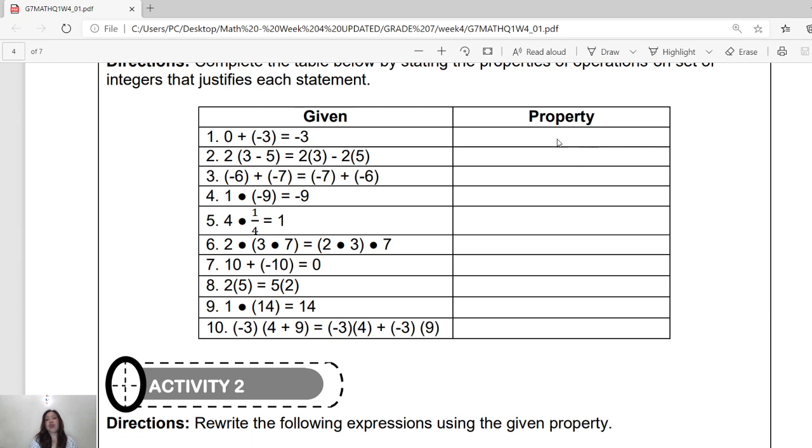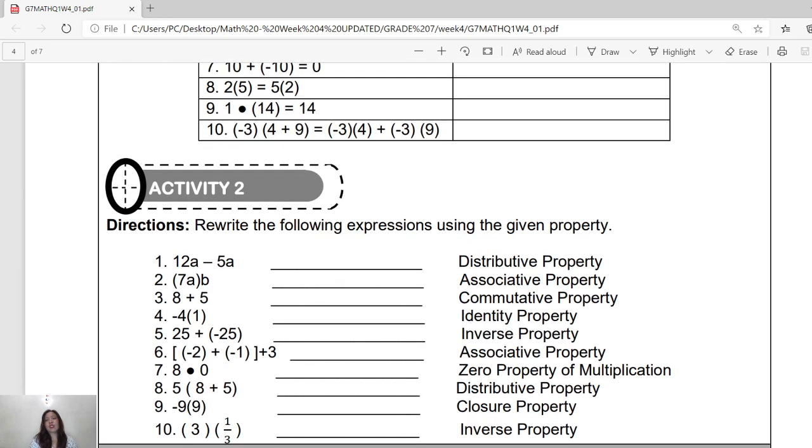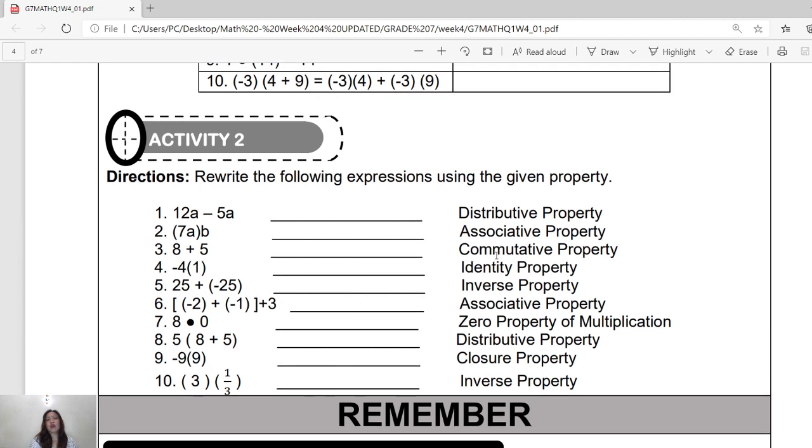So you will just write the property here. If it is closure, if it is commutative property, if it is associative, if it's identity property, you will just write the property here. Next here, you will give the answer if you will apply distributive property.